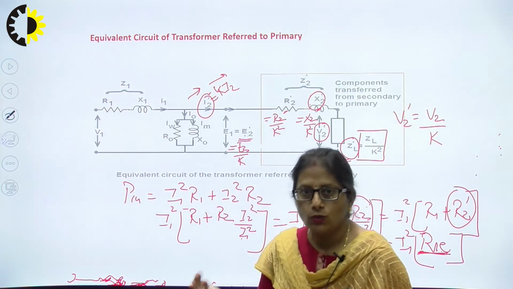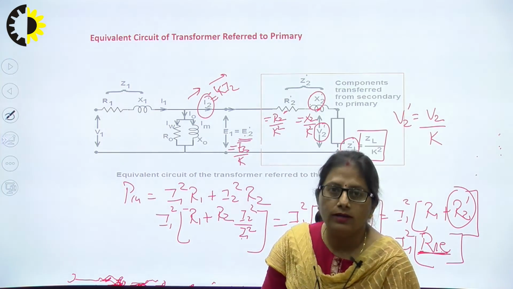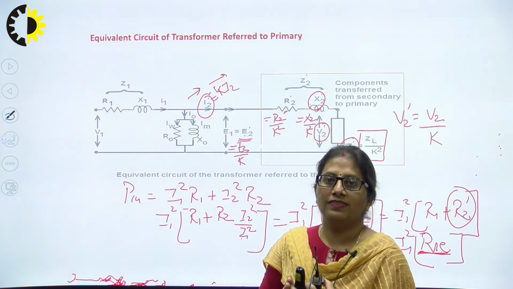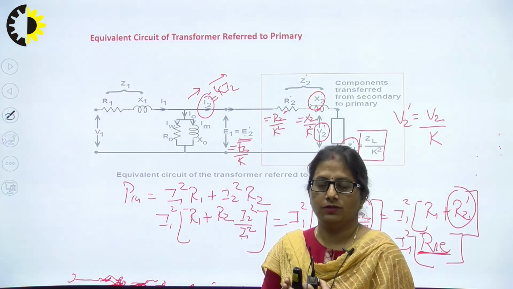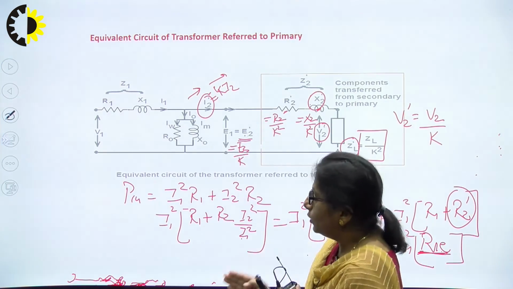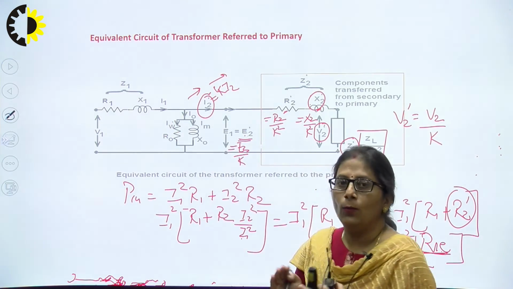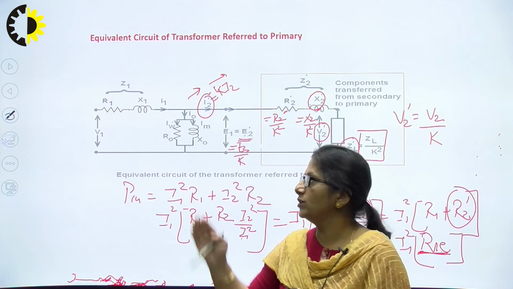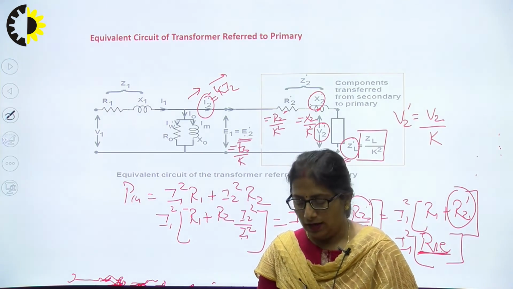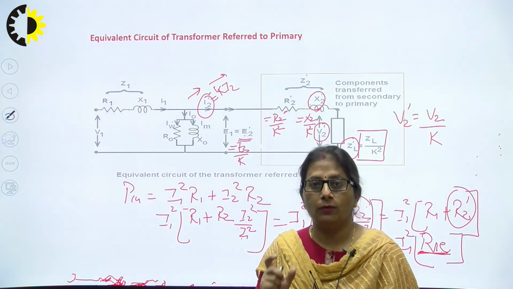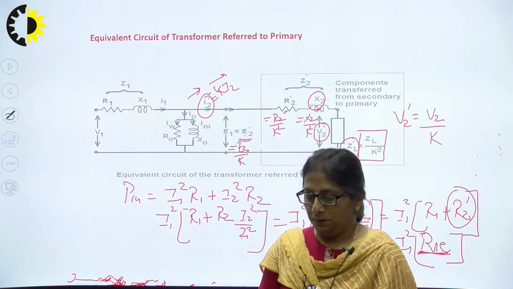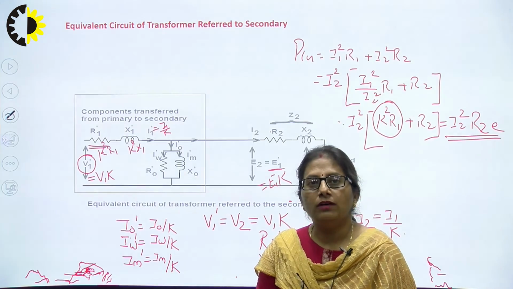So, if I want to combine them to have the equivalent resistance of the transformer, that becomes a tricky situation, right? Although I1 and I2 dash are very much the same, because the no load current is negligible, even then, for the equivalent circuit, we need to have them on the same side.